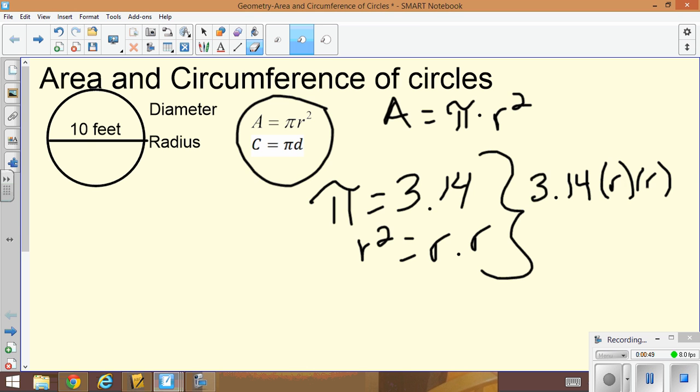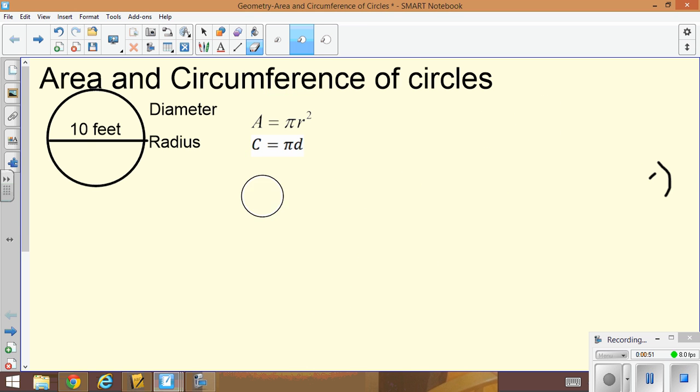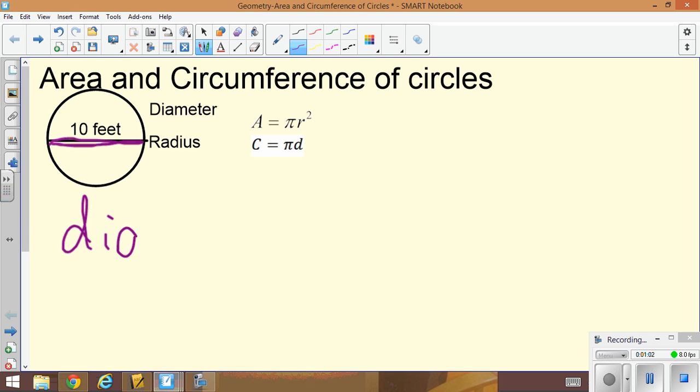Now let's take a look at the actual circle itself. The circle itself has a couple components. This entire line that I'm outlining in purple is called the diameter. D-I-A-M-E-T-E-R.